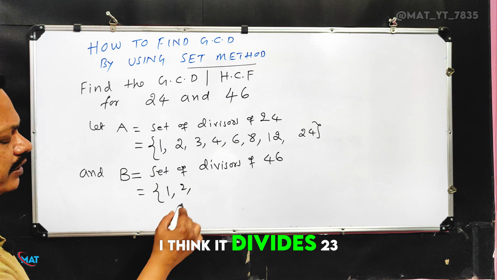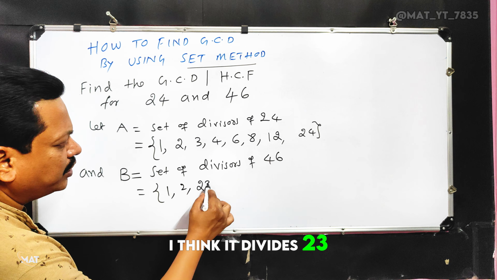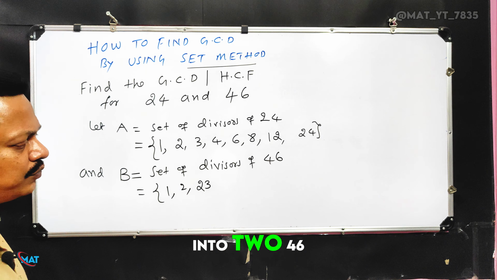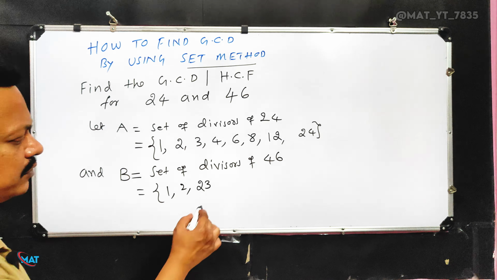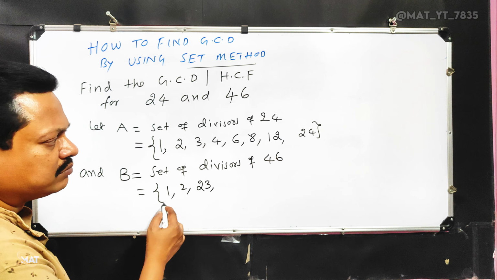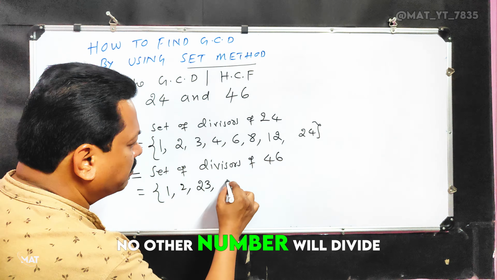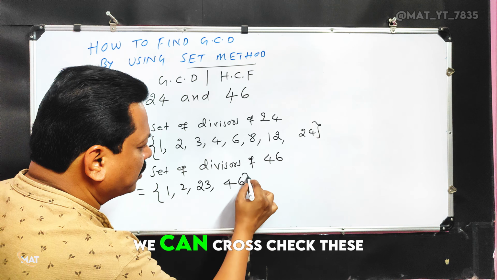I think it divides. 23 into 2 is 46. Next, no other number will divide except 46. You can cross-check this too.